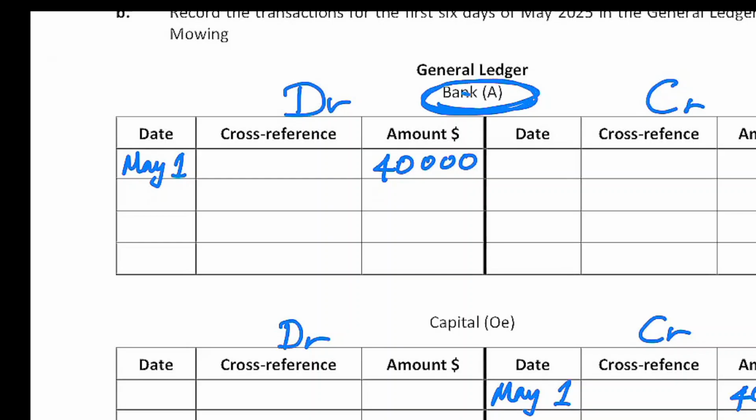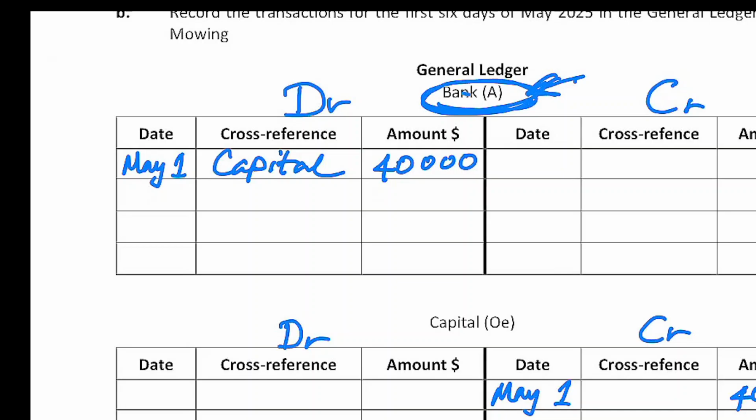Capital. Okay, OE is one classification; in that you have a few: capital, profit, drawings, and so on. When we are in the bank, the corresponding item is capital. So you will write capital under the cross reference.